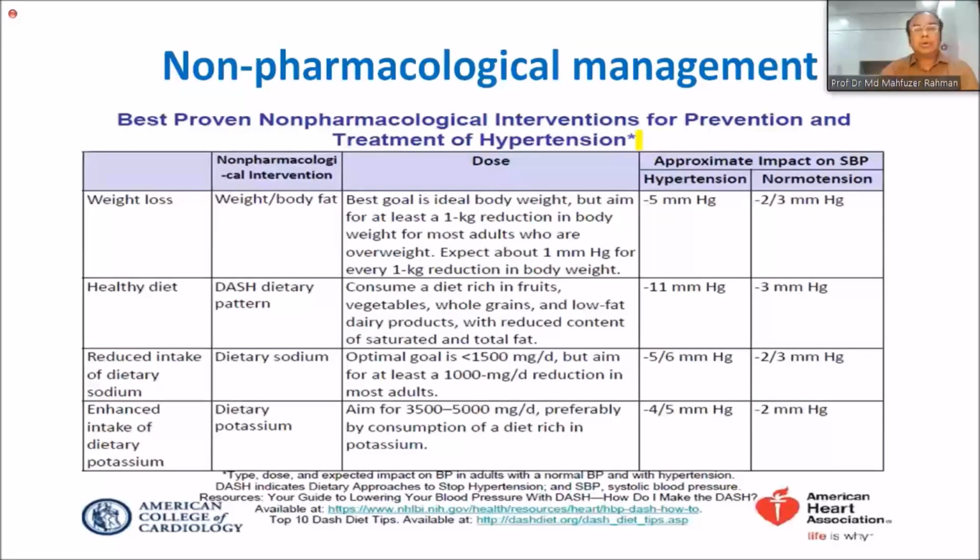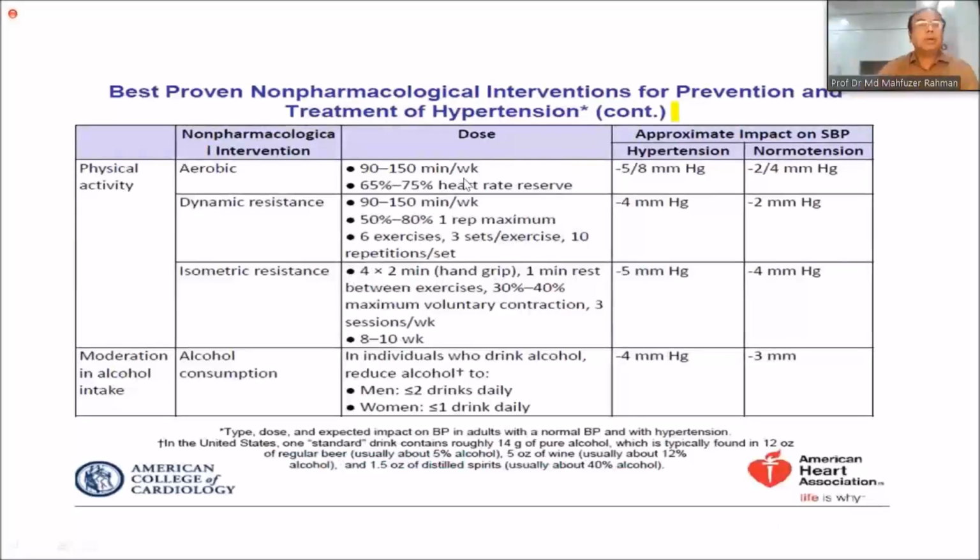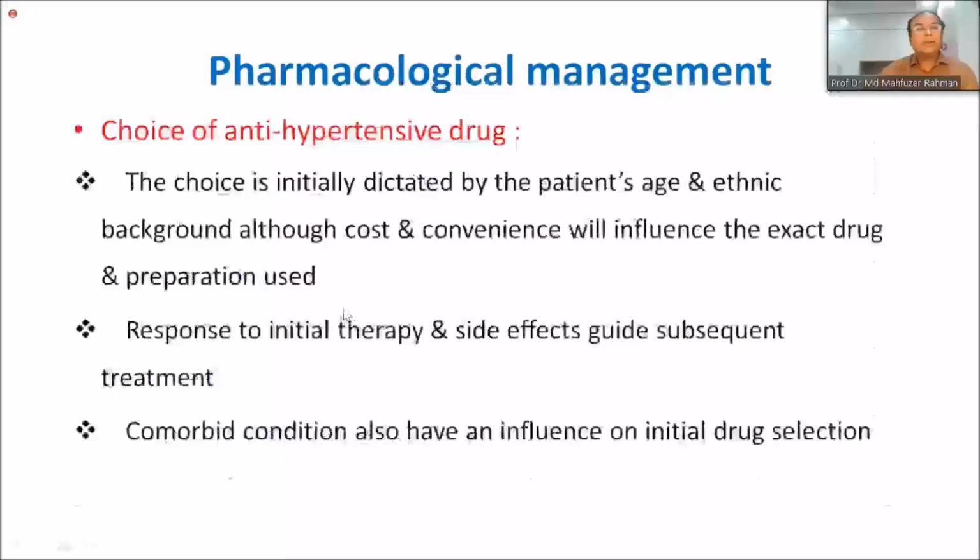These are the non-pharmacological advocacy for the hypertensive patient. And another important thing is the physical activity, and aerobic exercise is very important, and the moderation of alcohol intake. These are the non-pharmacological approaches for prevention and treatment of hypertensive patient.